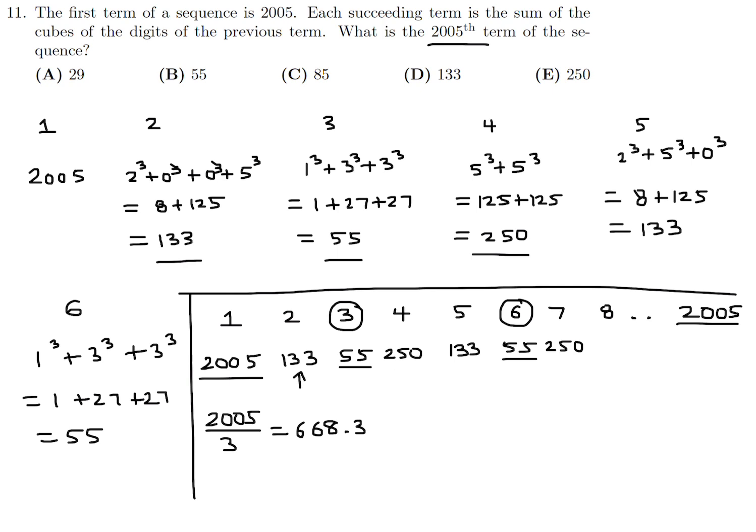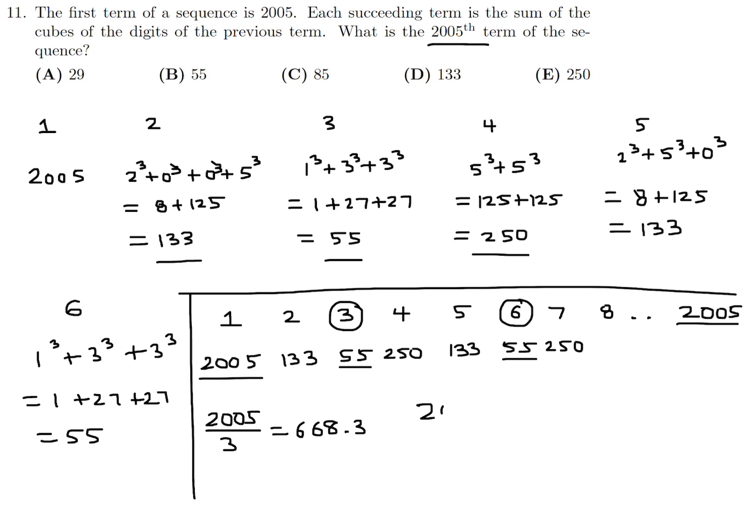If you take the term number and subtract 1, like for example 4 subtract 1, it should be divisible by 3, correct? 4 minus 1 is 3, and 3 is divisible by 3. So let's see if 2005 minus 1 is divisible by 3.